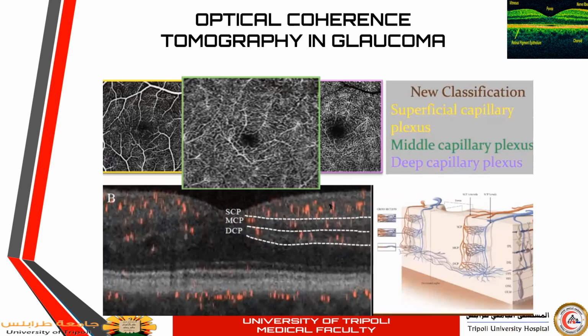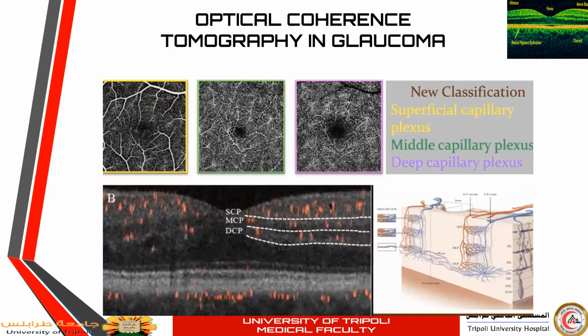These are the areas where you find leakage and hard exudates. So this is a quick overview of what you can see in OCT, and the relation between the histology and what you see by fluorescein angiography. This map shows the flow in the superficial, intermediate, and deep capillary plexus.